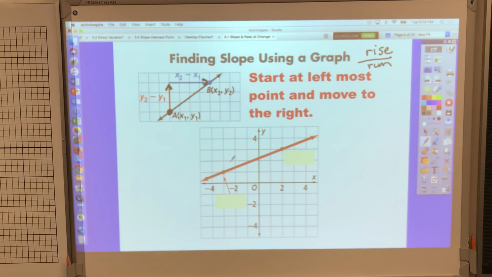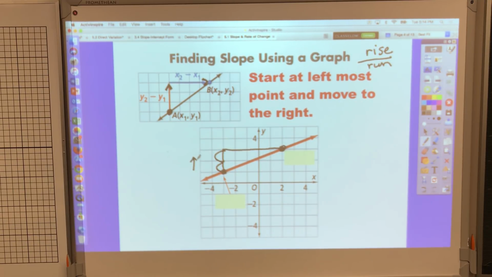So let's try this one. I look at this line, here's my point to the left, here's my point on the right. So to find my slope, I'm going to start at this dot and do a rise and a run to get to my other one. What we're really making is a triangle. This side, the up or down part, is your rise, so I can count boxes. 1, 2.